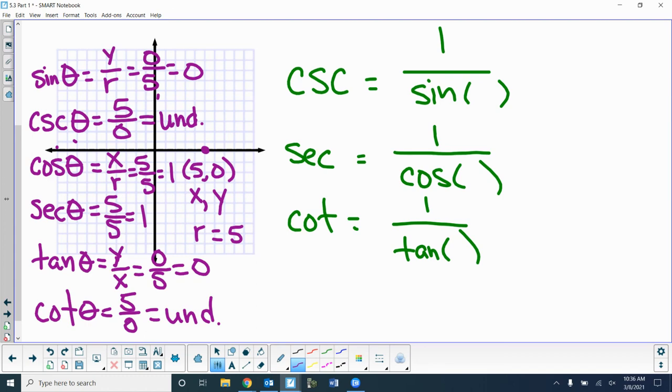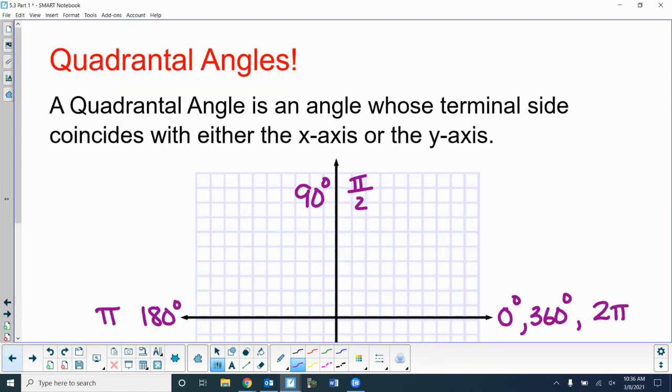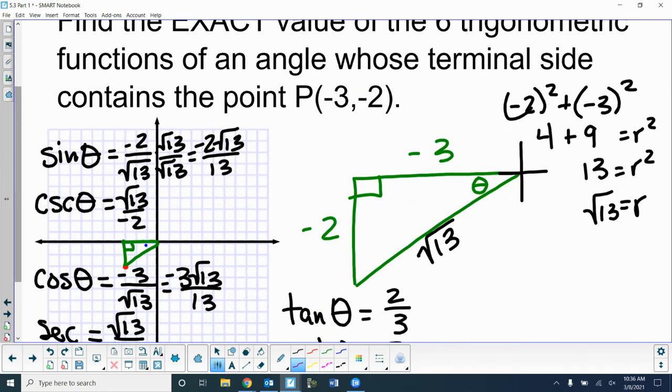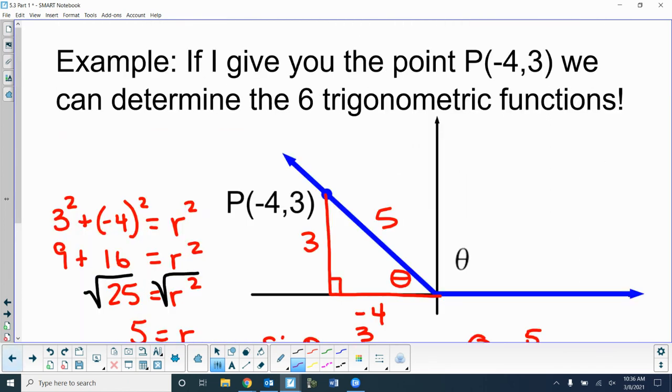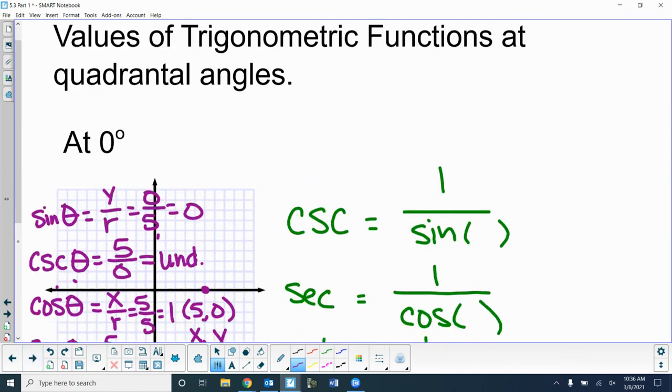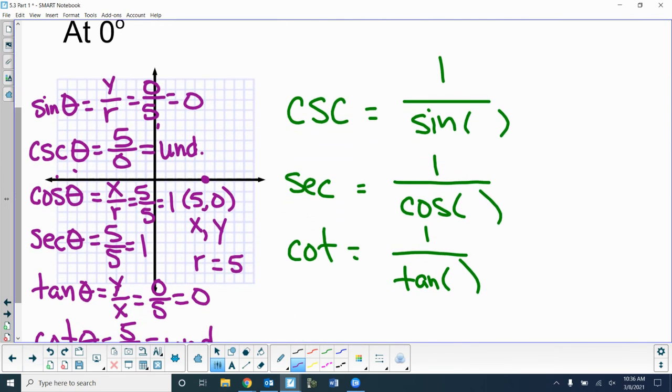Well, the R is always the distance from the origin to the point. The distance from the origin to the point. Okay? From the origin to the point. Okay, so if it's on the X or Y axis, yes, the X value or the Y value, depending on which one you're at.